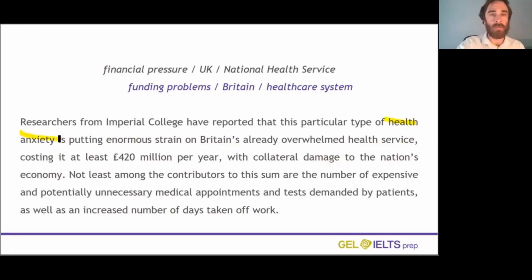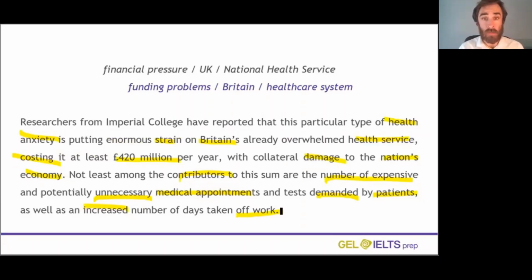Health anxiety, putting strain on Britain's health service, costing 42 million, damage to the nation's economy. Not least among the contributors, so this is one of the contributors is the number of expensive and unnecessary medical appointments demanded by patients, and an increased number of days taken off work.